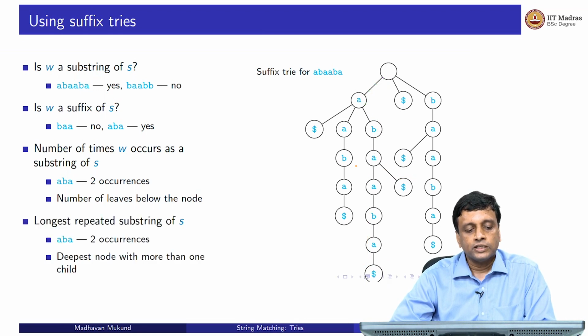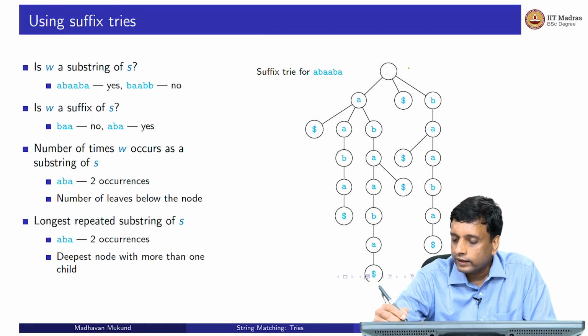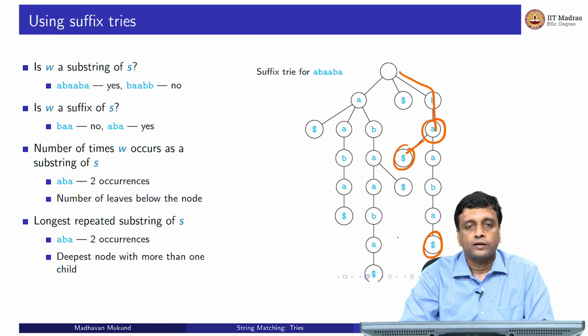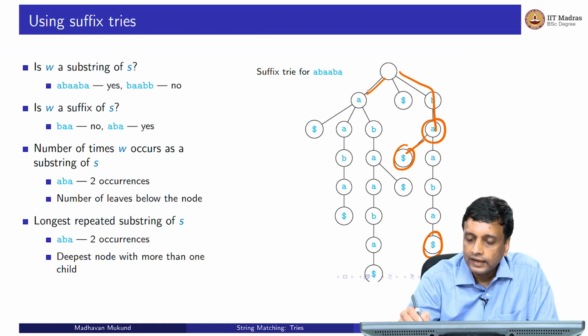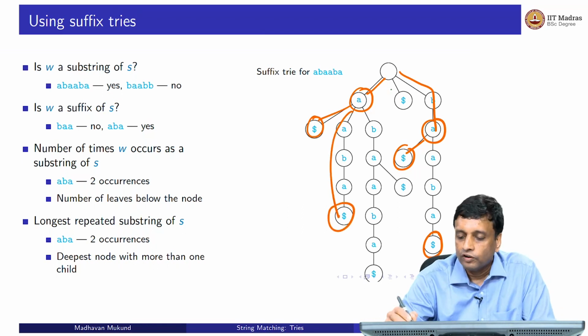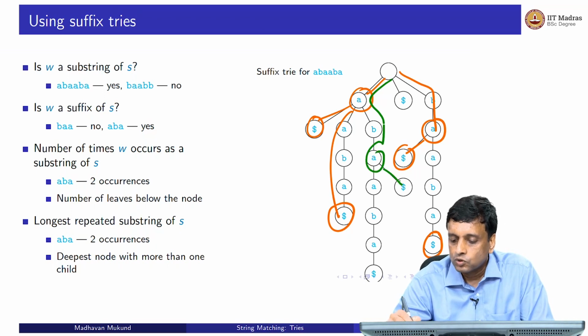And by the same logic, you can ask which is the longest such word. Here is a word BA which has two below it. Here is another one, A, which has two below it. And finally we have the one that we found earlier, ABA, which has two below it.